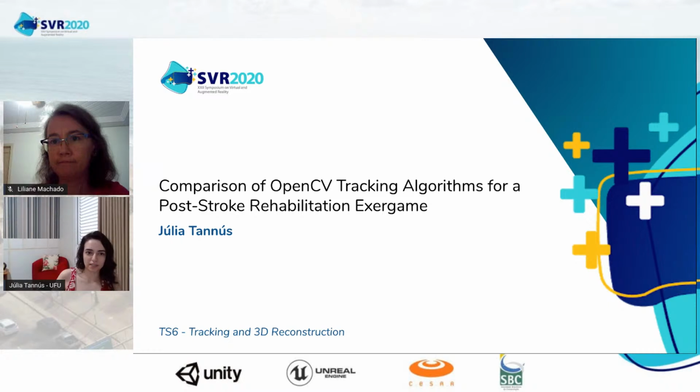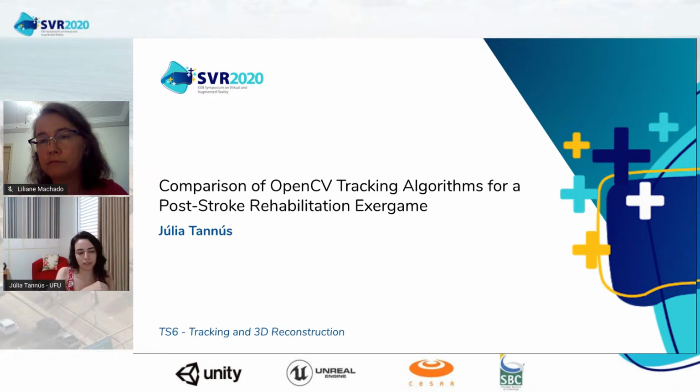Computer vision is a very cheap method of achieving tracking of the arm. It has several advantages, but it's very influenced by lighting. If I change the lighting of the room, if I open a window, I lose the tracking.